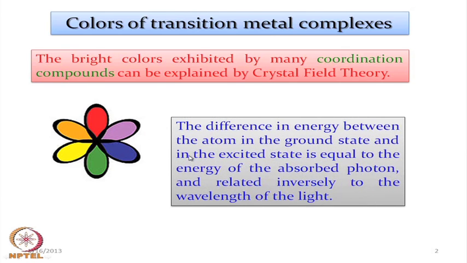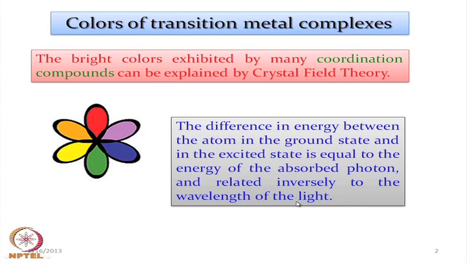So, the difference in energy between the atom in the ground state and the excited state is equal to the energy of the absorbed photon, which is true for any atomic system, and also true for our molecular systems, and is related inversely to the wavelength of the light.